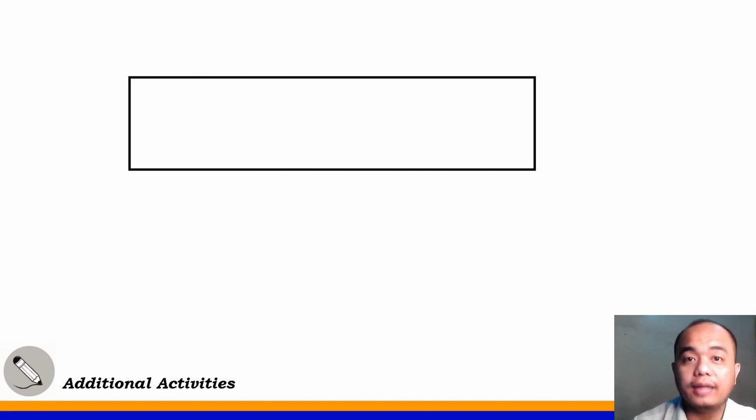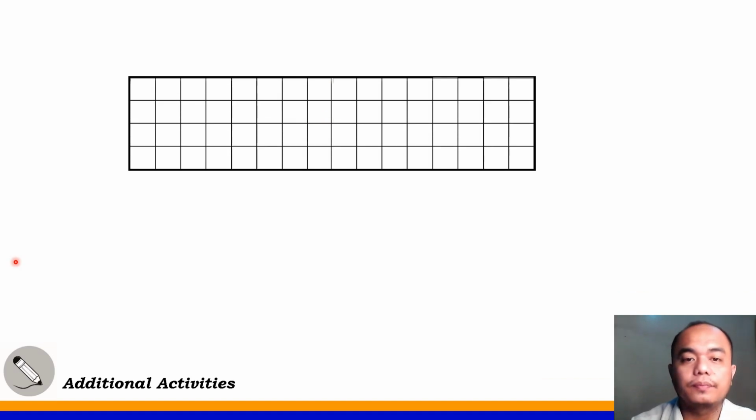Ito yung rectangle natin, for example. When we talk about area, class, area means the square unit inside the solid figure. In this case, we use rectangle. Ilan ba yung square na mabubuo dito sa loob ng rectangle? That would represent your area. Para mas malinawan ka, let me illustrate this to you.